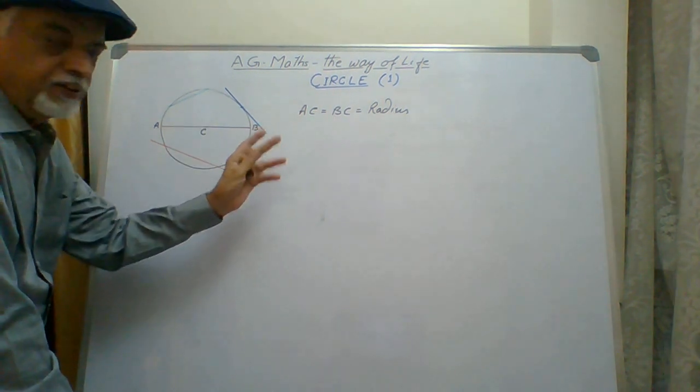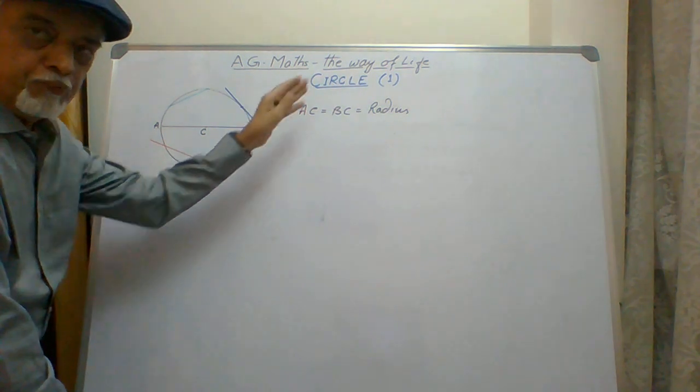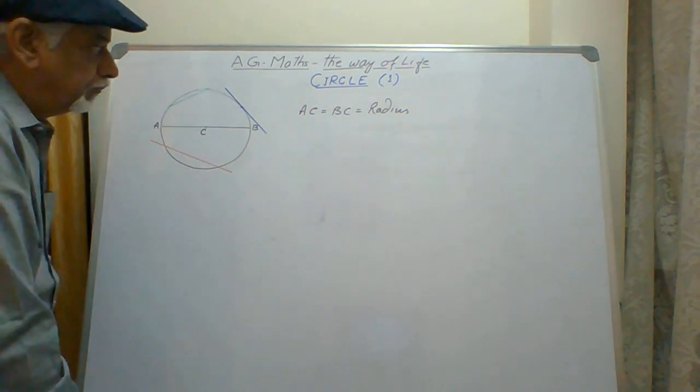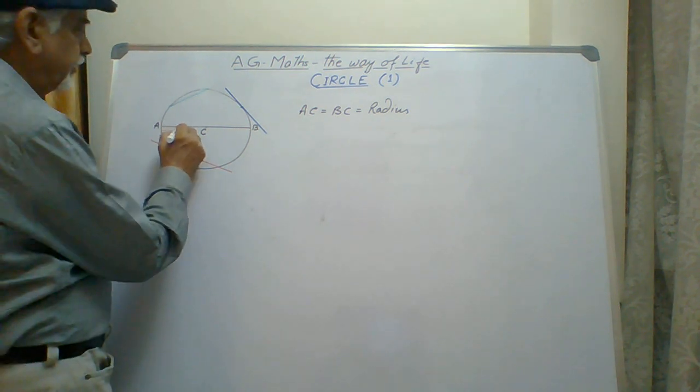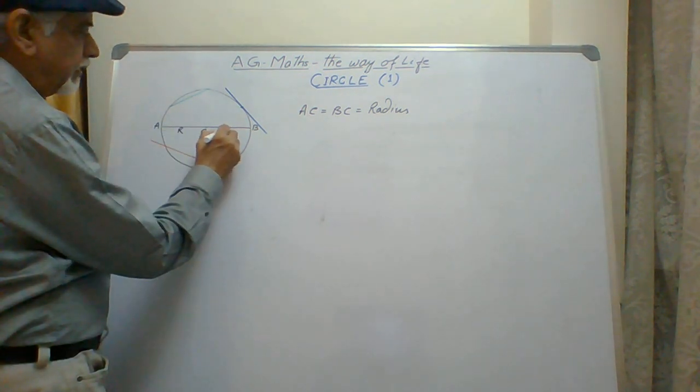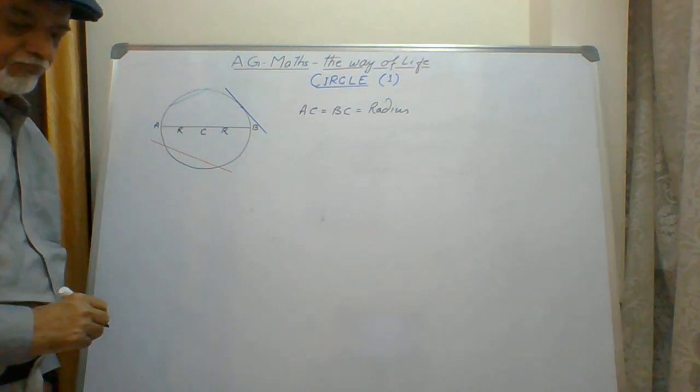The second hand, which was fixed at the center and moving along the path of the circle clock, was called the radius. So here we call this a radius r and this also a radius r.